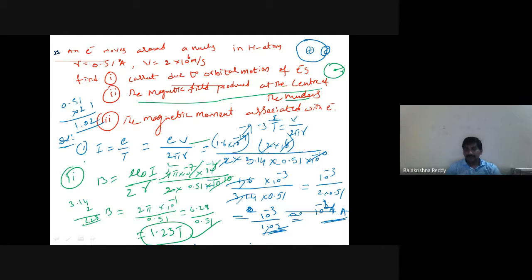So the current is approximately 10 to the power minus 4 amperes, and the magnetic field is 1.23 Tesla.